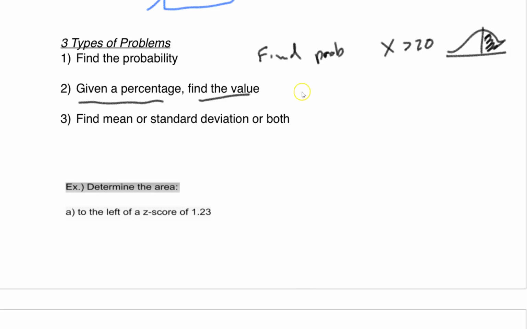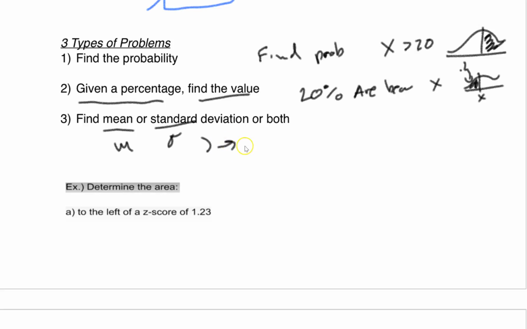I'll say like 20% of people are below X. So you got to find what X is, since you know it's 20%. And the last one is if you're missing the mean or standard deviation or both. So if one of those is missing, you gotta normalize. We'll do one of each so you can see it, but that's the general idea.